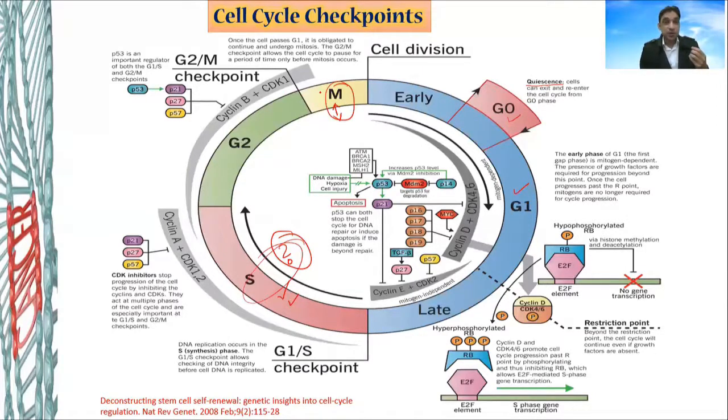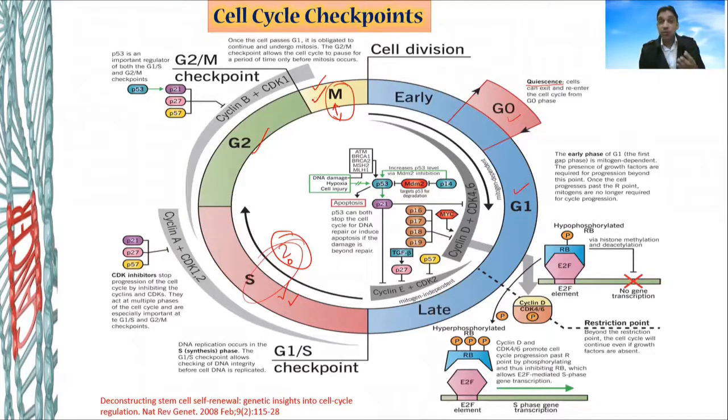When the cell is entering into the G2 phase or into the mitosis phase, at that time the cell is not acting as a cell. It has duplicated DNA in the G2 phase, and it is dividing during the mitosis phase.